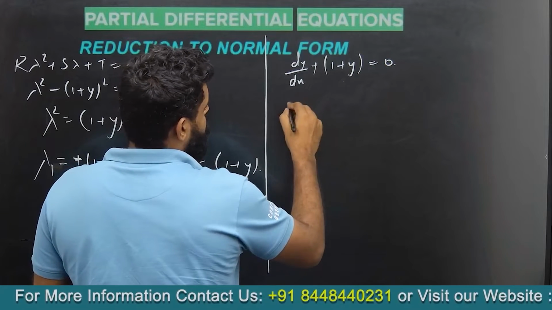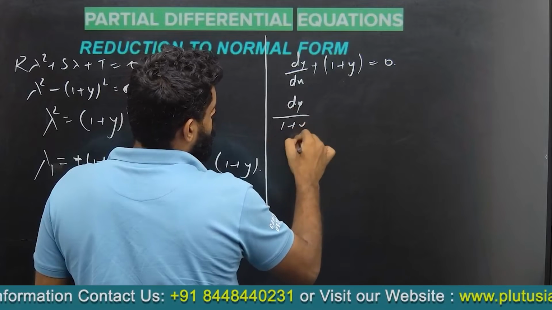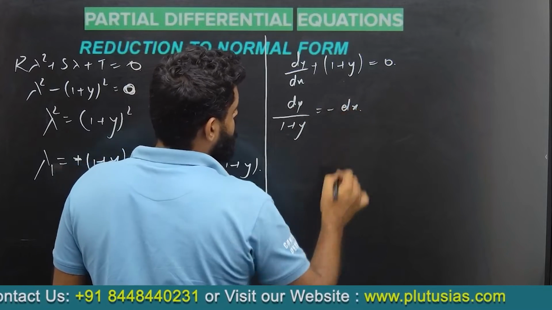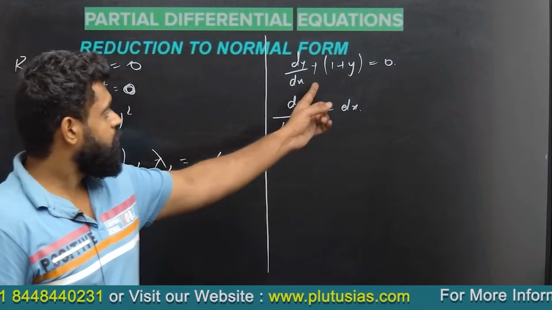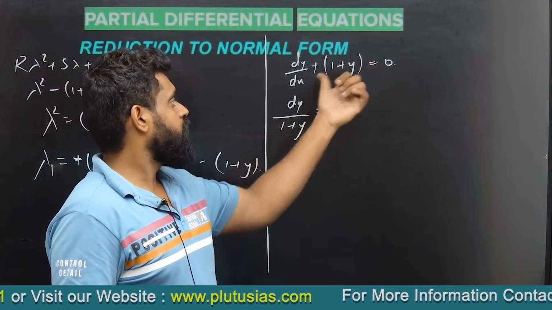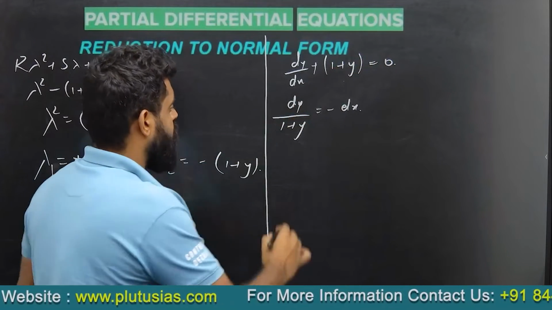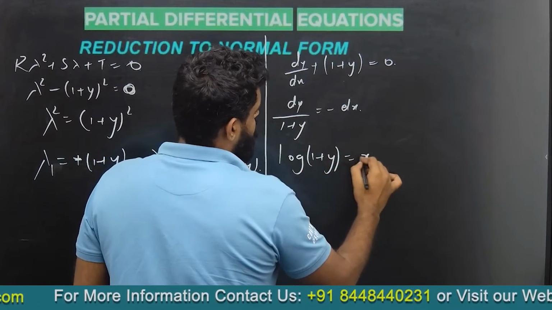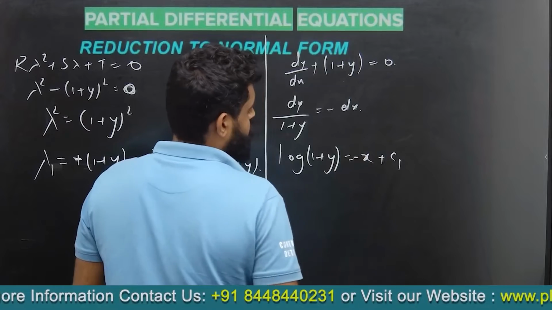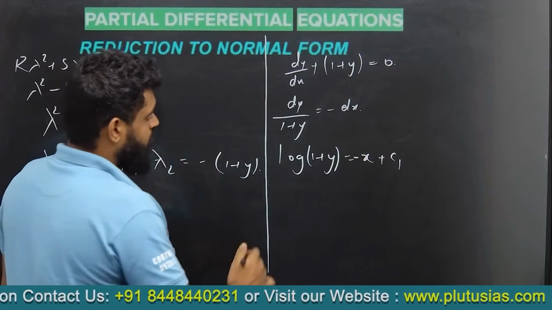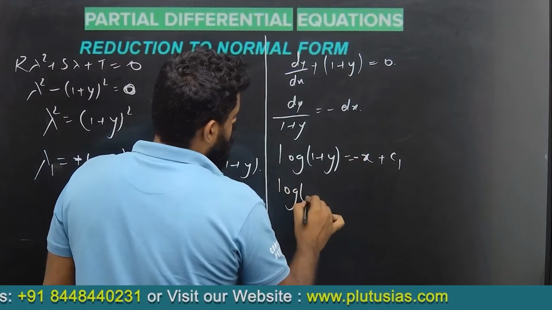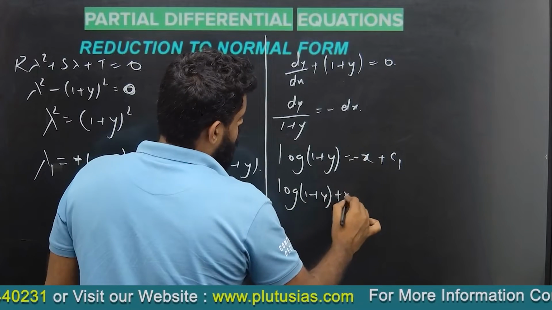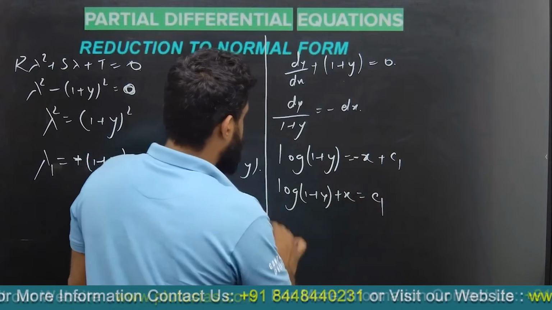So we have dy upon 1 plus y is equal to minus dx. Integrating, we have log of 1 plus y plus x is equal to c1.